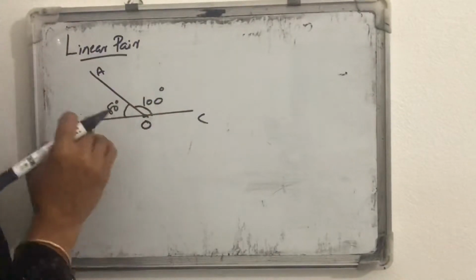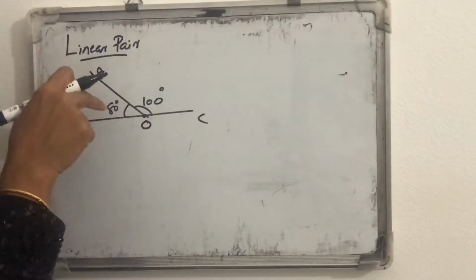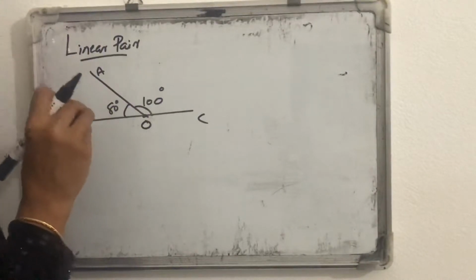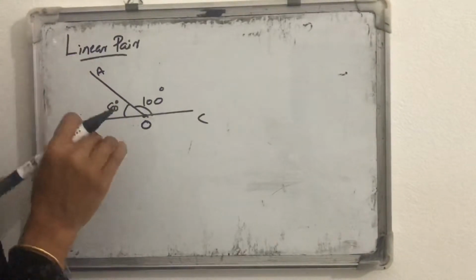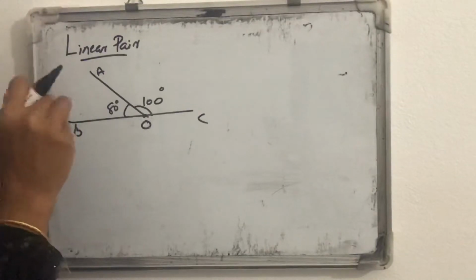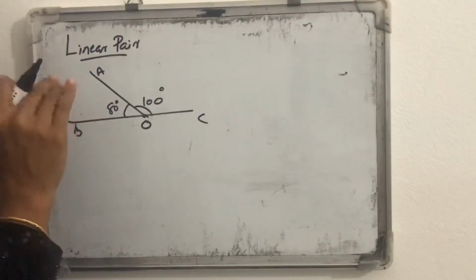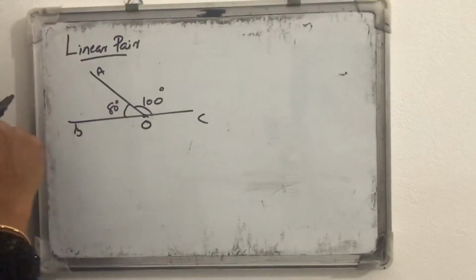Such pairs of angles are called linear pairs. So the sum of a linear pair is always 180 degrees, and they should also be adjacent angles.